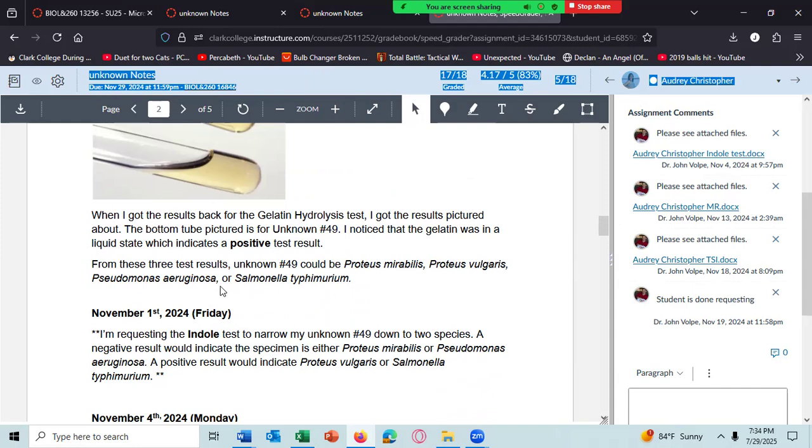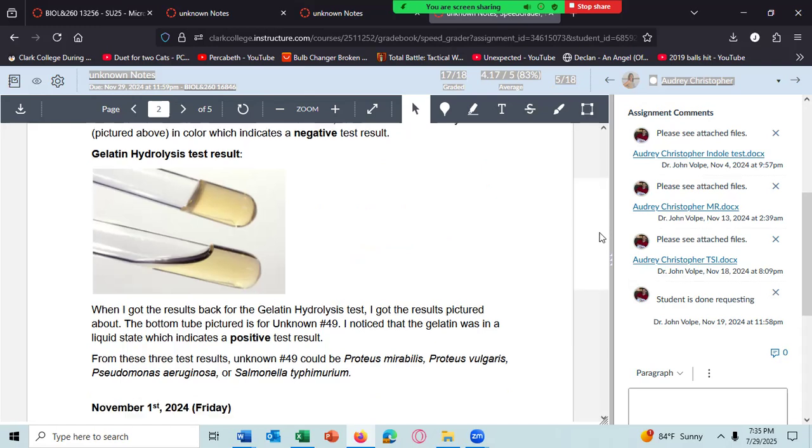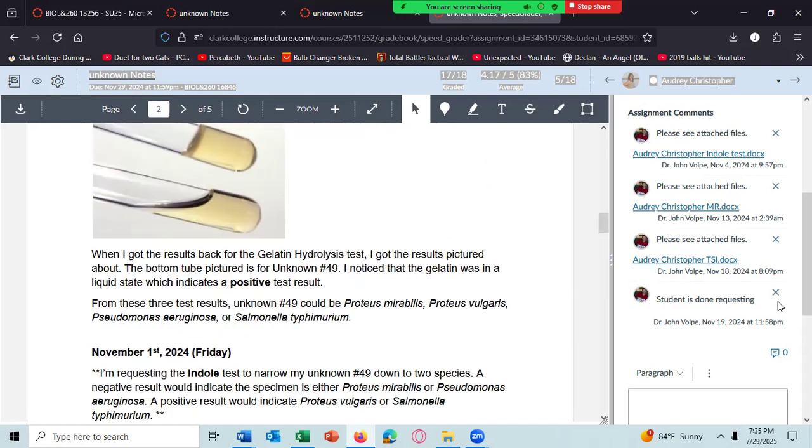And then they have the species under consideration, 1, 2, 3, 4. And then they asked for the indole test on the first. They got the results back, maybe on the fourth.